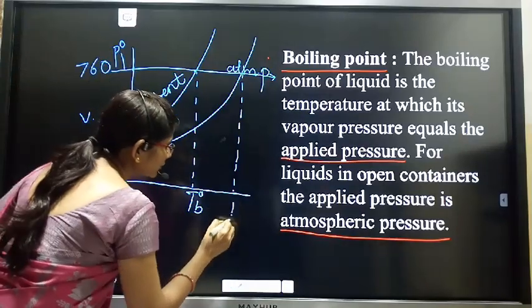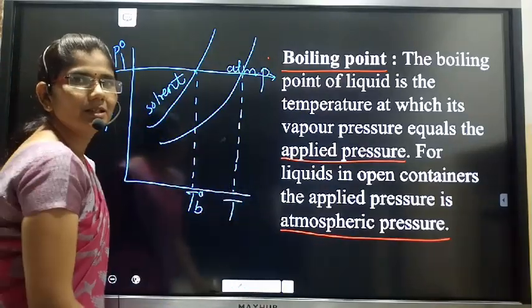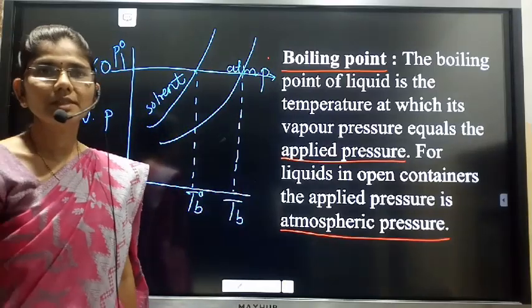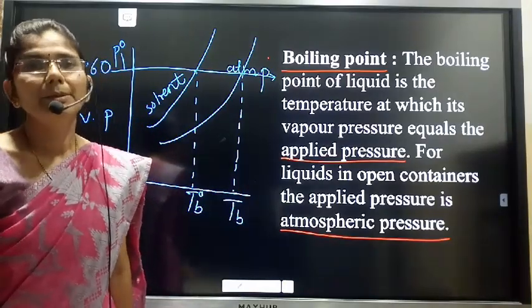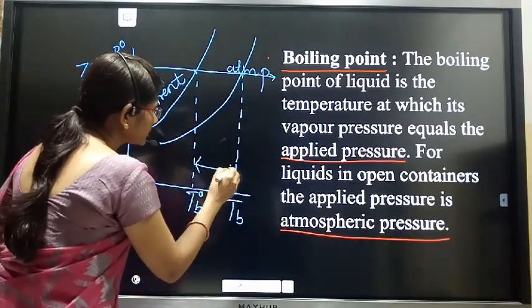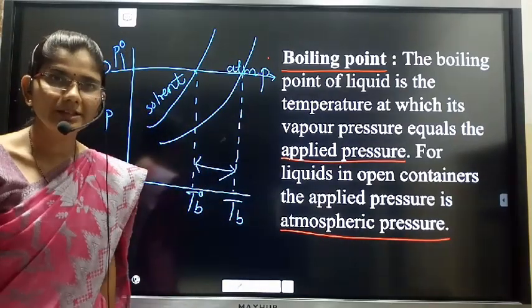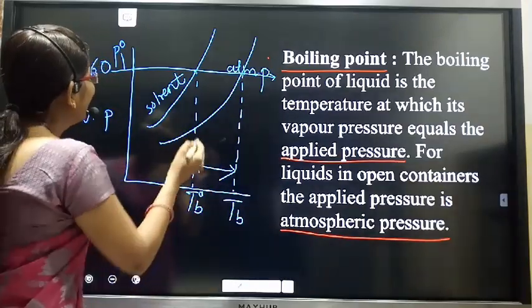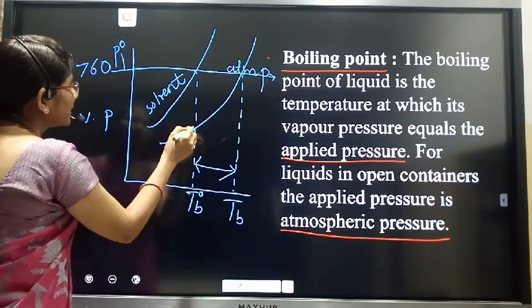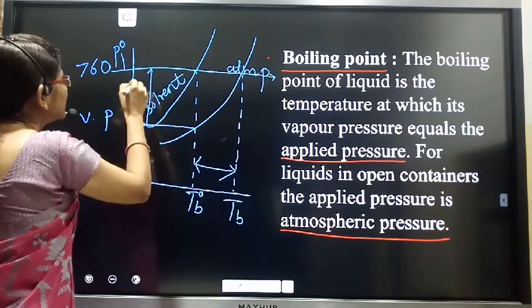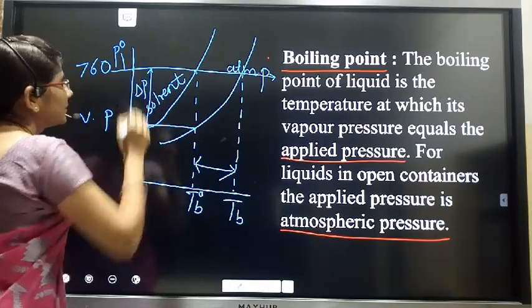The boiling point of the solution is denoted as Tb, and this is the difference in which there is an elevation in boiling point.